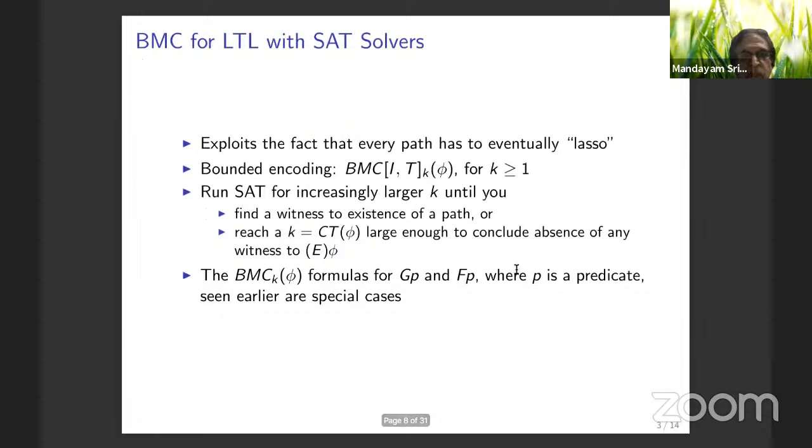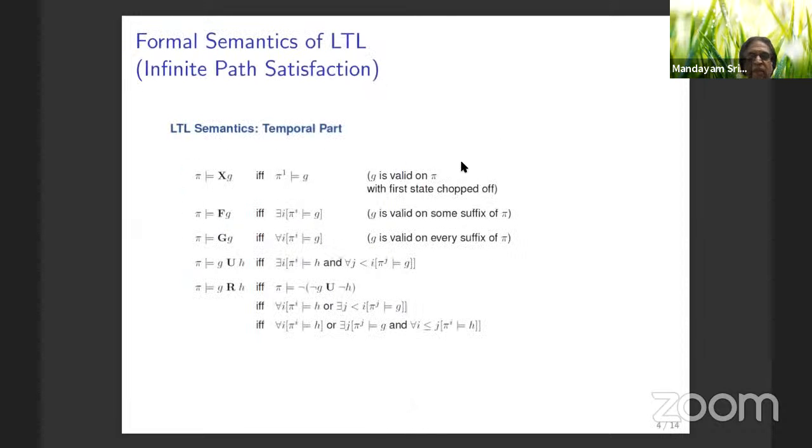This generation of the BMC formula for any given LTL formula will be based on the concept of bounded satisfaction, which I'm going to define now, and which itself is based on the original standard semantics of LTL, recursively defined as satisfaction of infinite paths for various formulas.